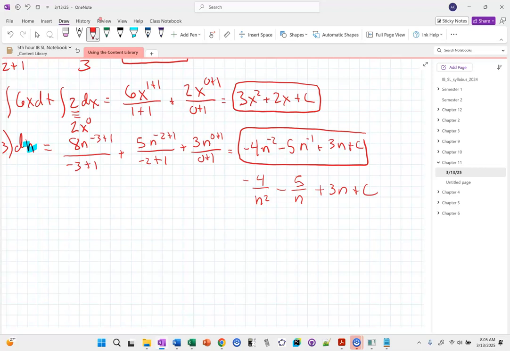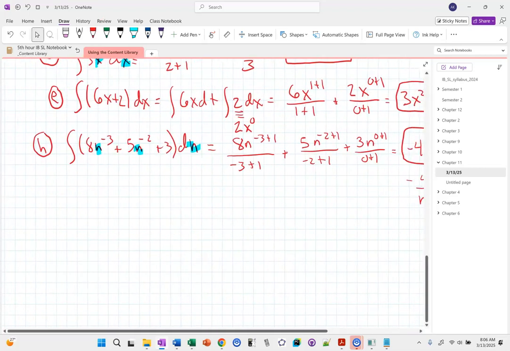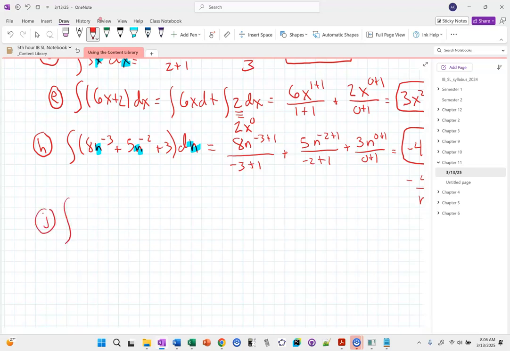If they indicate, write your answer with positive exponents, then do that. But if there's no specifics on how they want your answer written, either answer is correct. I would accept either without prejudice, assuming the directions don't specify one versus another. Feel good? Okay. Let's do J. That's the last one.